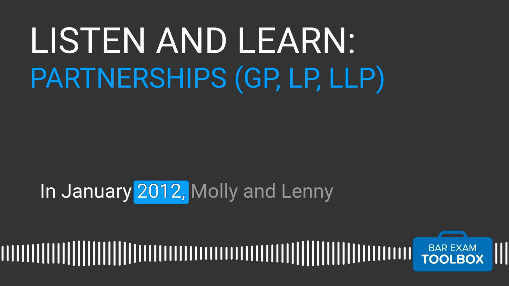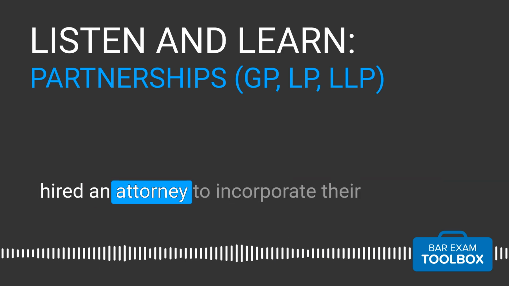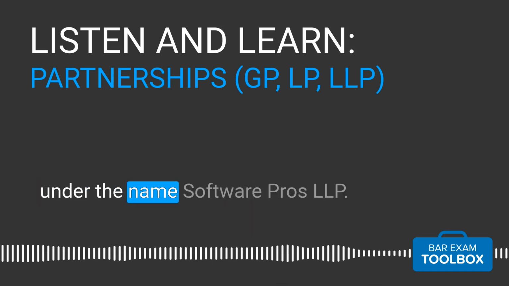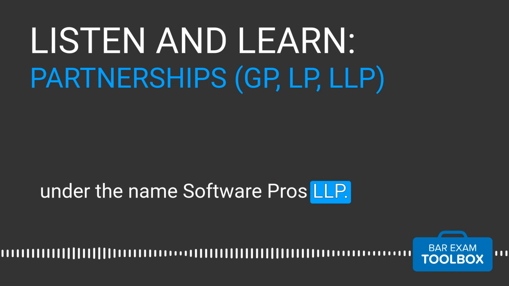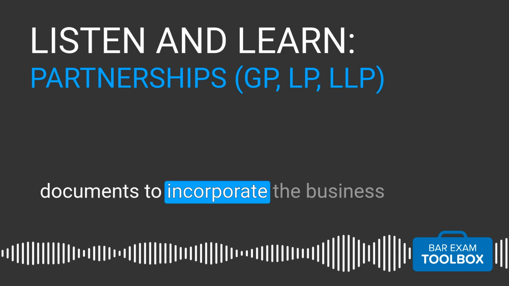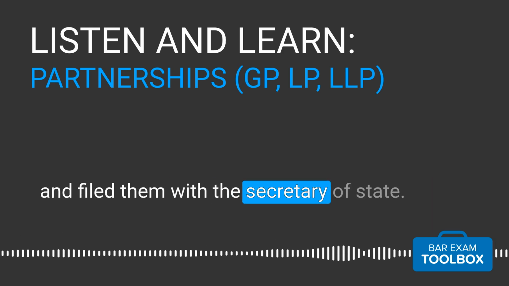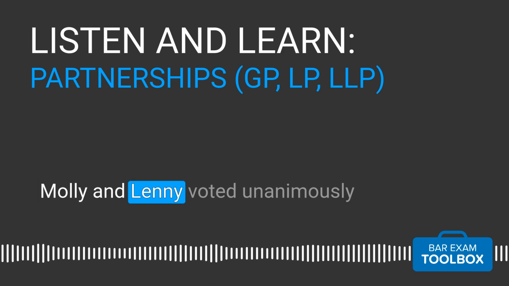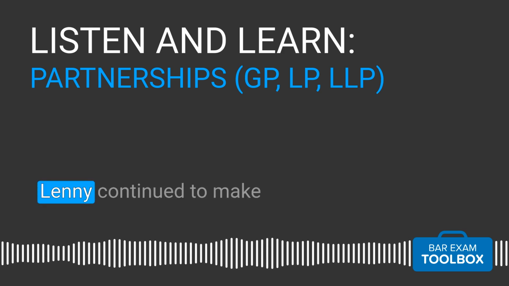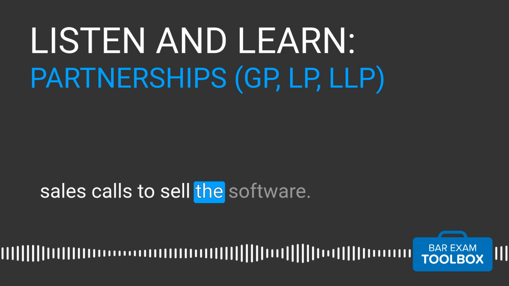In January 2012, Molly and Lenny hired an attorney to incorporate their business as a limited liability partnership under the name Software Pros LLP. The attorney properly prepared all necessary documents to incorporate the business and filed them with the Secretary of State. Molly and Lenny voted unanimously for the change to take place. Lenny continued to make sales calls to sell the software.